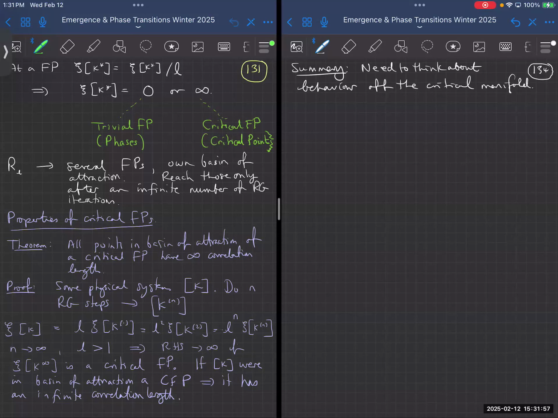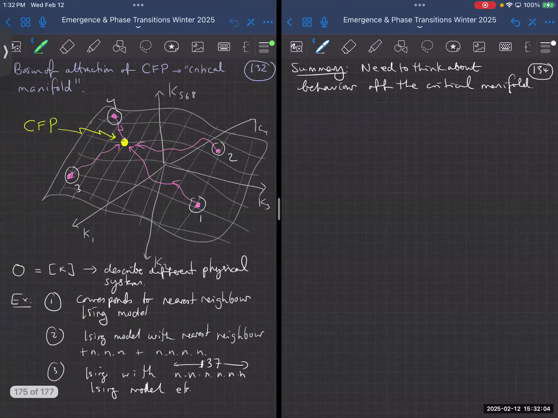What does this mean? What does it imply? It implies what I just said: if I start off with my initial points, which correspond to different physical systems with different parameter values, the nearest neighbor Ising model, the 137th nearest neighbor Ising model, all of those systems, if you put them in the lab and measured their correlation length, you would find they had an infinite correlation length because they're on the critical manifold.